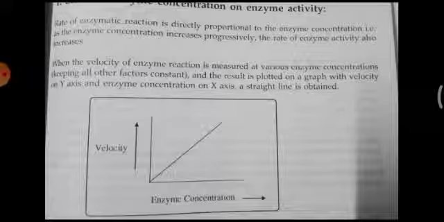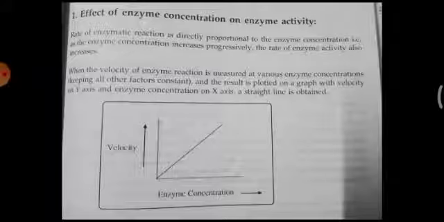As the concentration of enzyme increases, the velocity also increases. Hence it is directly proportional. As concentration increases, velocity or enzyme activity also increases.